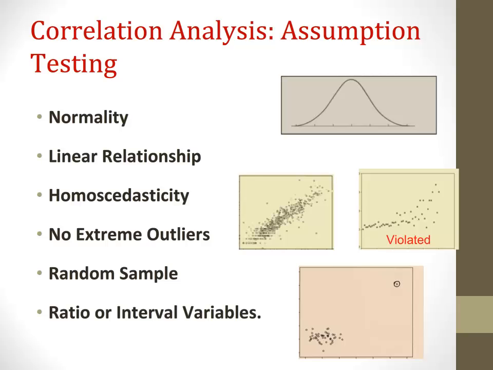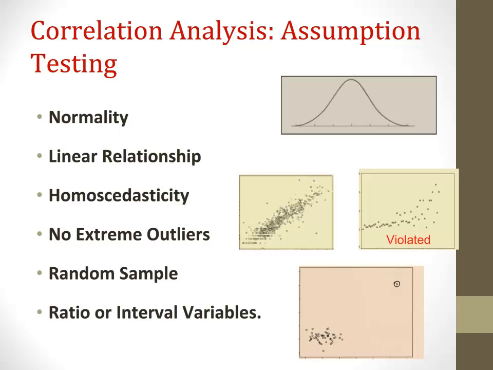And finally, at least one of the variables used in a Pearson's r needs to be measured on an interval or ratio scale. Many researchers support the use of Pearson's r with ordinal level variables that have several response levels. For example, Nunnally and Bernstein in 1994 asserted that Pearson's r can be used with ordinal variables.